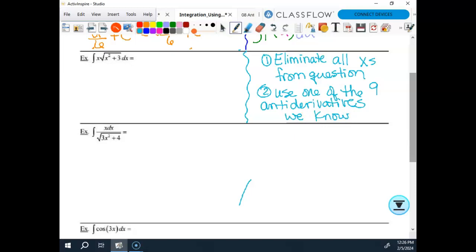So I'm not sure why I have 9 written down, but it doesn't even matter how many. Use one of the ones we know. You have those that you have to know cold. Like secant squared's not on there, but that's something that you'd be able to handle. Things that you're familiar with, okay?